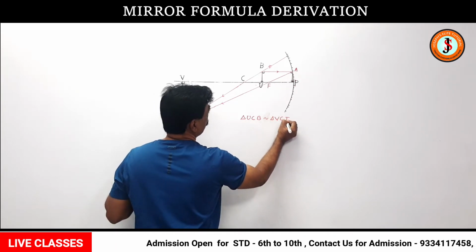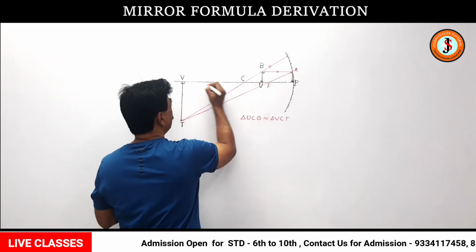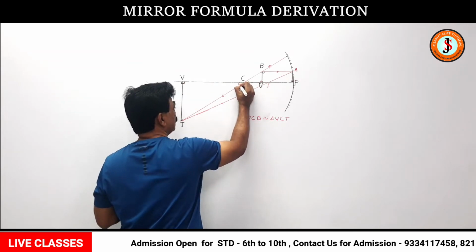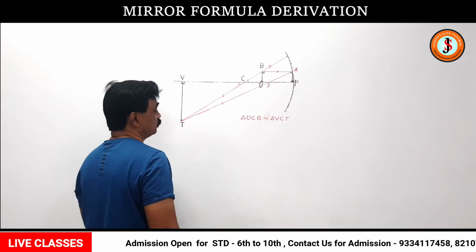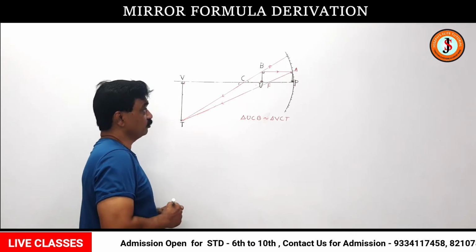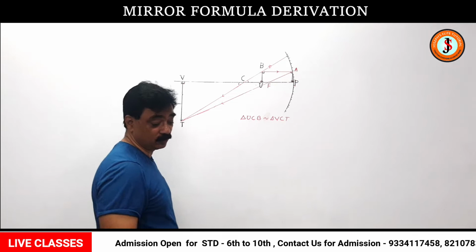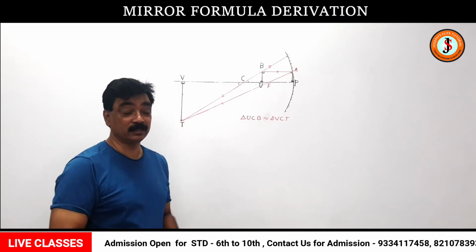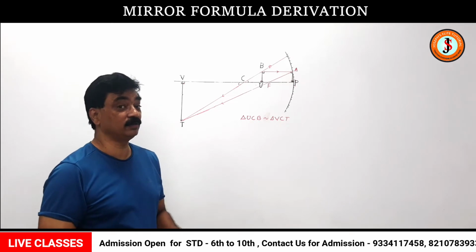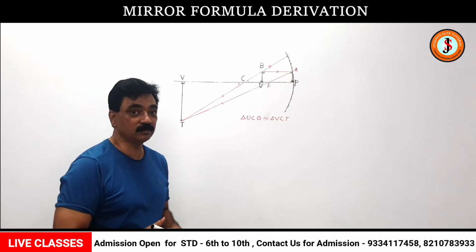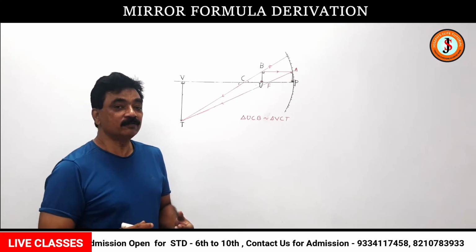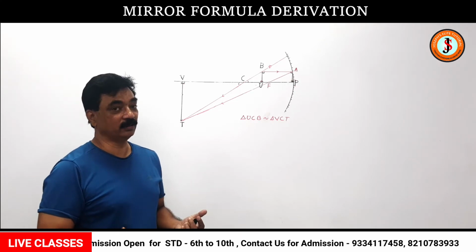Why? Because this angle is 90, so this angle is 90, and if this angle is x, then this angle will be x, because they are vertically opposite angles. So these two triangles will be similar, because we have studied in similarity that if any two angles of two triangles are equal, then they are similar. Actually they are equiangular, because the third angle also gets equal. The third angle is 180 minus the sum of the two equal angles, so it will be the same.